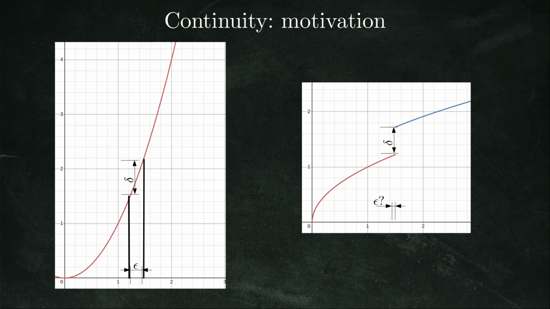So even if we made epsilon 0, the 2 points would have to have a y coordinate that's at least delta apart. Then if we made delta any smaller than that, it just wouldn't work at all.